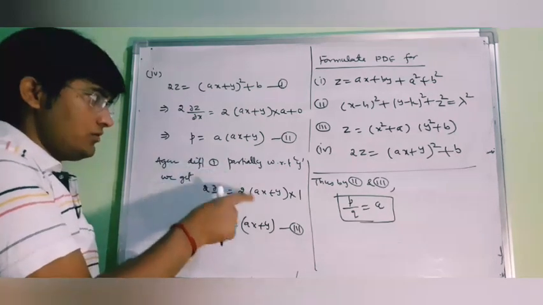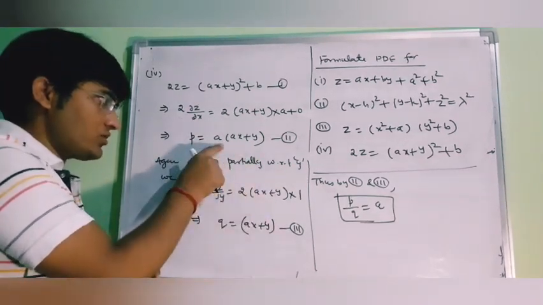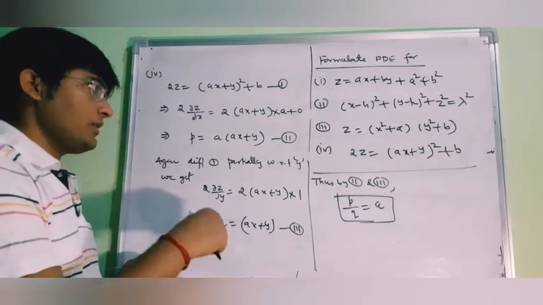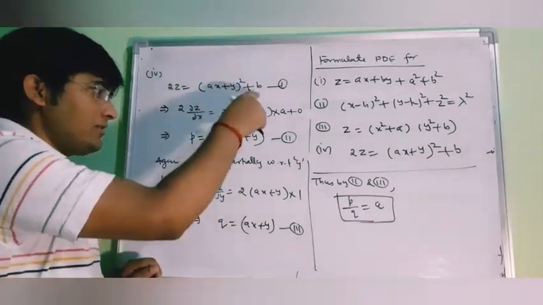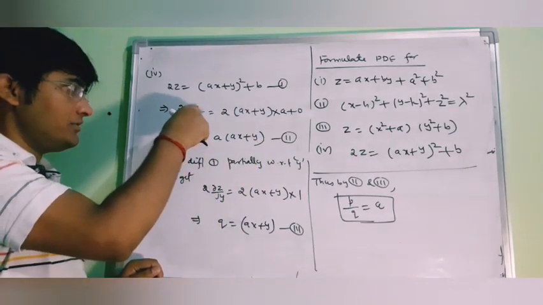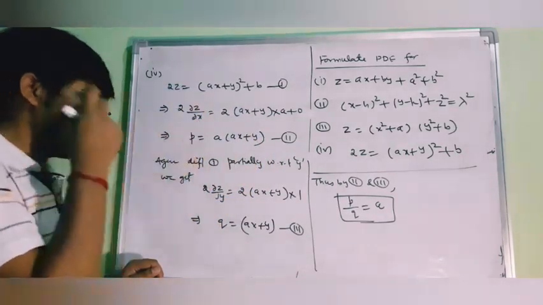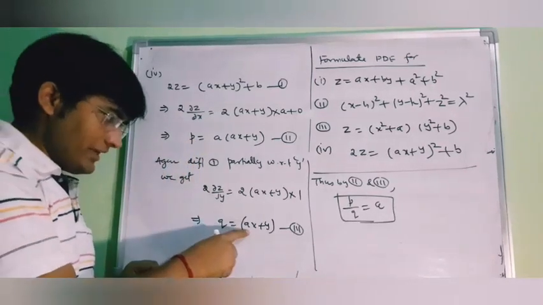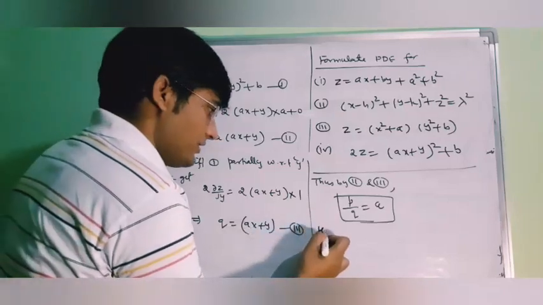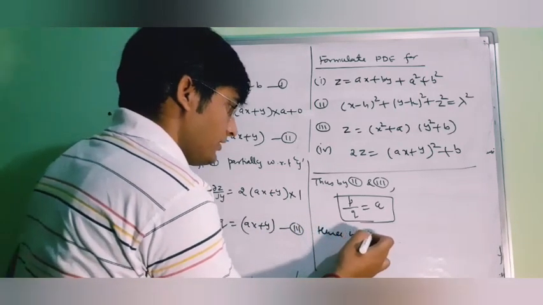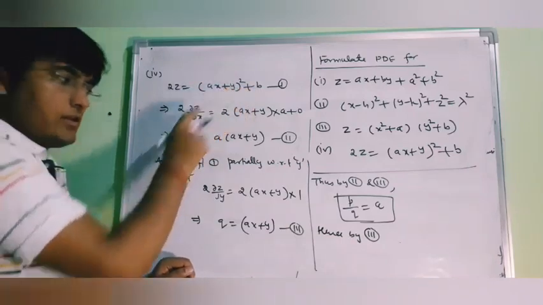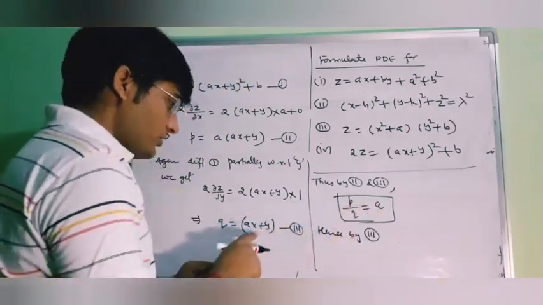We can also put the value of a in this equation, as we have to find the partial differential equation by eliminating a and b. We have already eliminated b by differentiating 1 partially with respect to x or y. Now to eliminate a, let us put the value of a in equation number 3. We will not put this value in equation number 1, otherwise we will have a constant b.